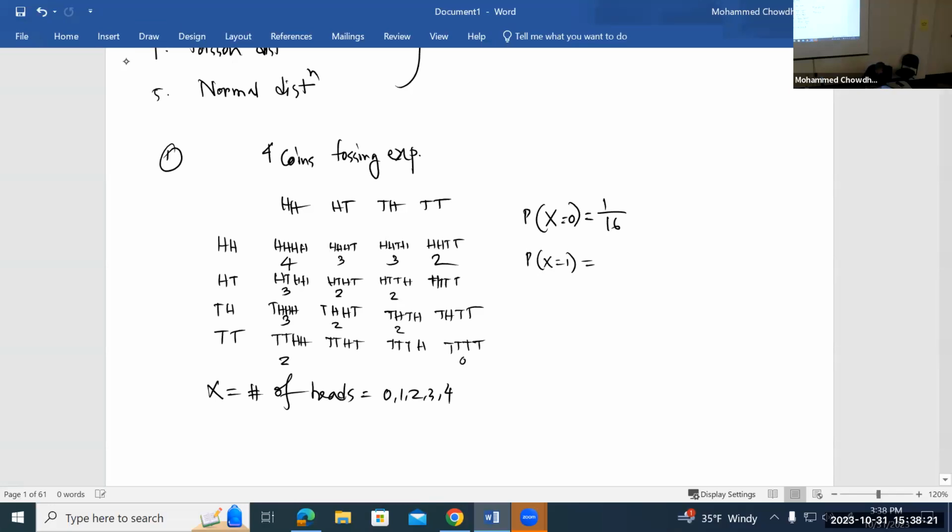This is 0 head. This is 1 head, this is 1 head, this is 1 head, and HTT is 1 head. Sorry for the confusion. So 1 head is 4/16, X equal to 2 heads is 6/16, X equal to 3 heads is 4/16, and X equal to 4 heads is 1/16. Clear? Are you understanding?